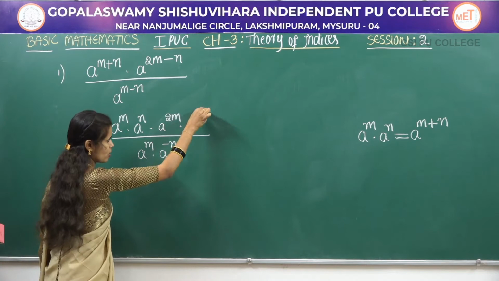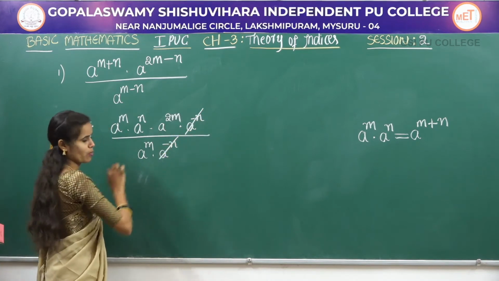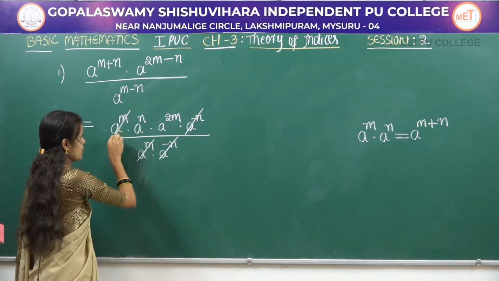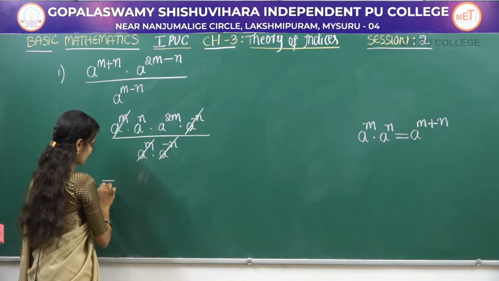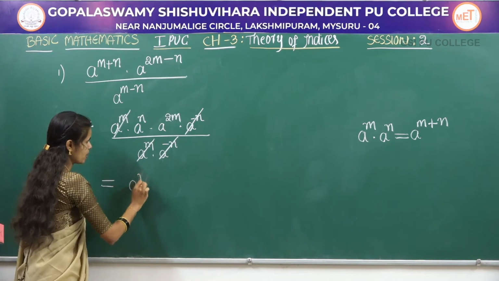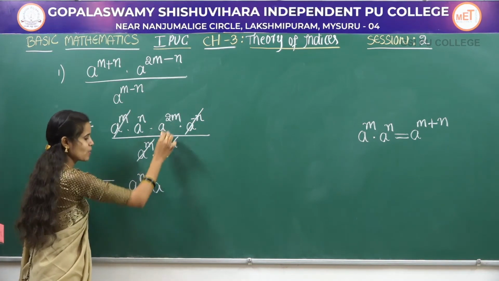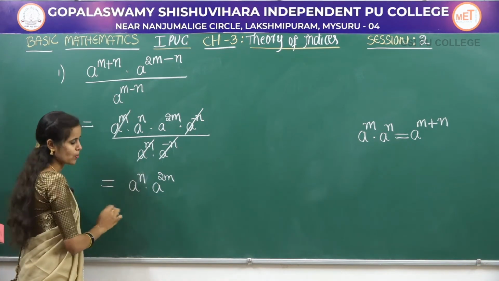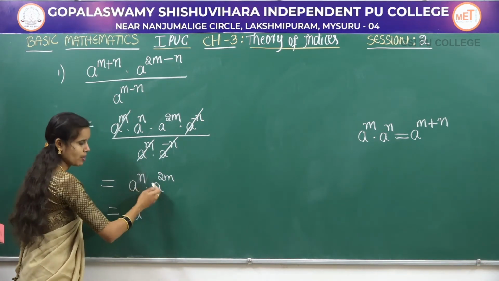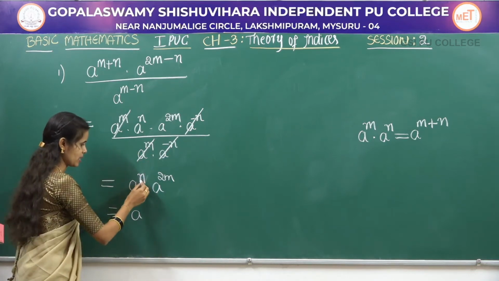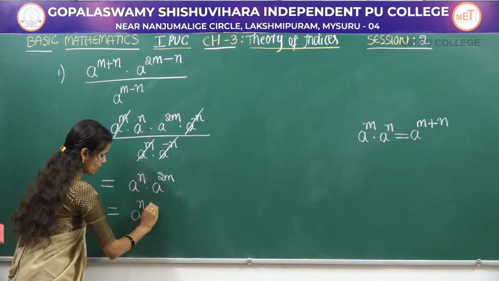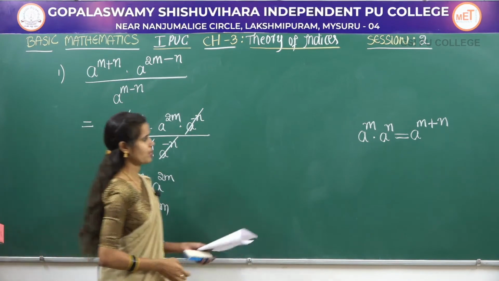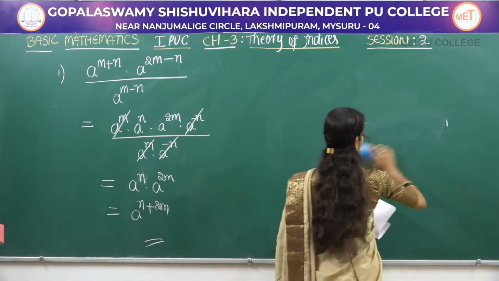Observe that a to the power of minus n cancels, and a to the power of m cancels. The remaining terms are a to the power of n into a to the power of 2m. The base is the same, so add the powers according to the first law of exponents. So n plus 2m. Okay, next, second problem.